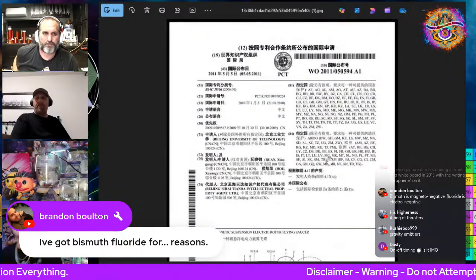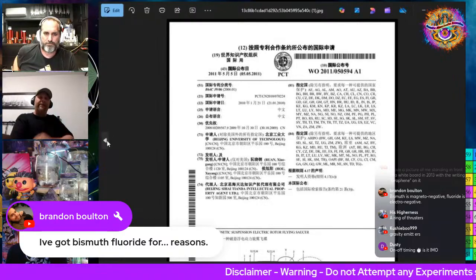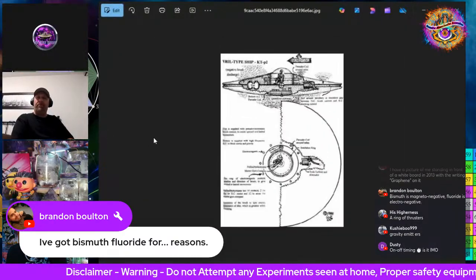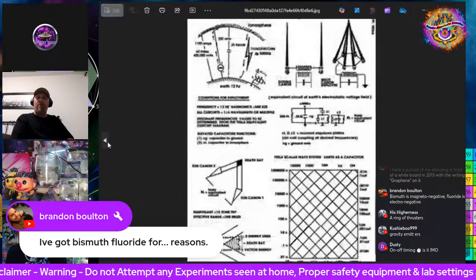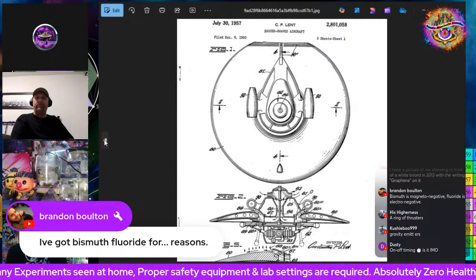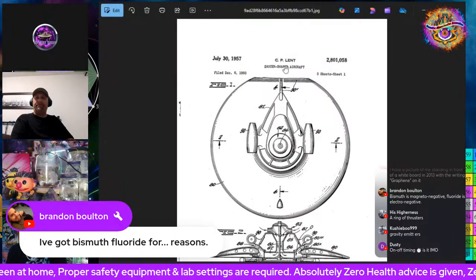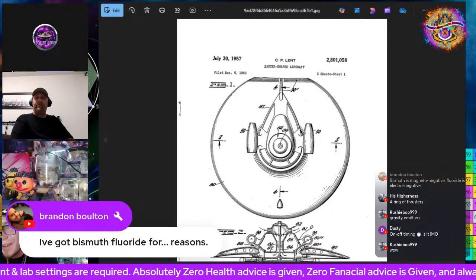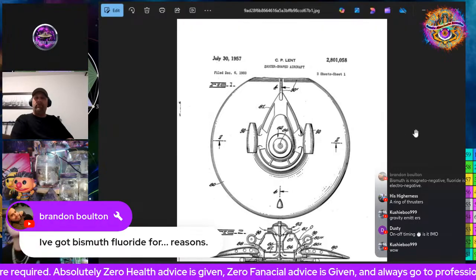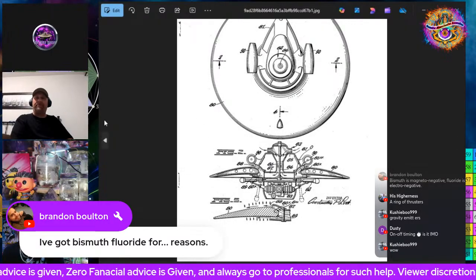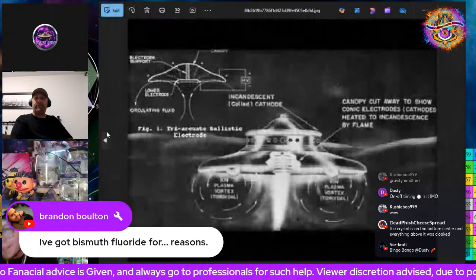That's a very fascinating one. I do have the American English version of it somewhere too, but they've always been trying to figure out the disc-shaped craft, like the saucer-shaped craft right here from 1957, but it was thrusters and rotary blades that propelled it. Why is that?